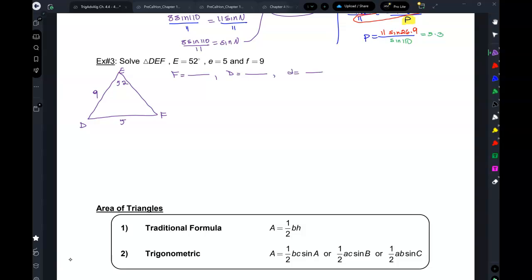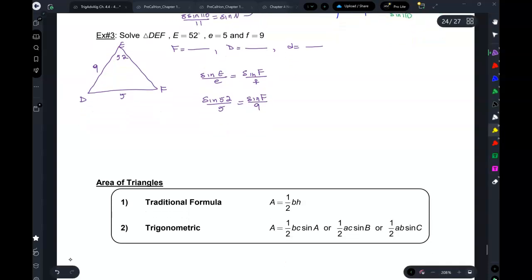Okay. So again, we can use the law of sines because we have a pair, right? E is full. Okay, so let's start with sine of E over e equal to sine of F over f. So sine of 52 over 5 equal to sine of F over 9.